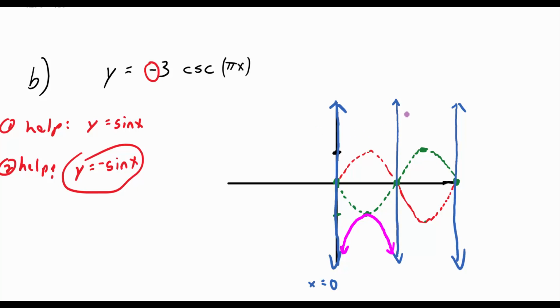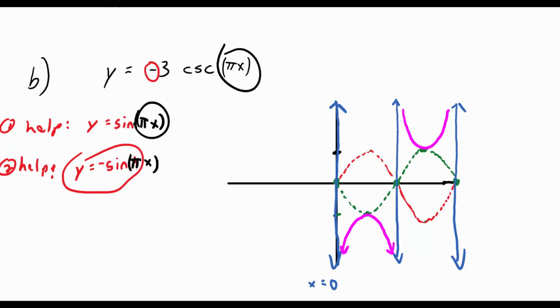Once you have that, you just have to work out the scaling, guys. So what's the period of this thing going to be? I got in a hurry here and got a little bit sloppy. I could have done it that way, but really, you want to include the same argument with your helper functions. To get the period, you can look at this or at this.